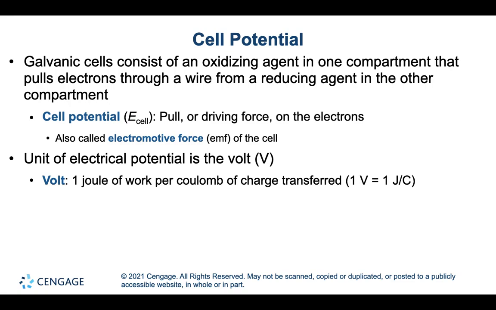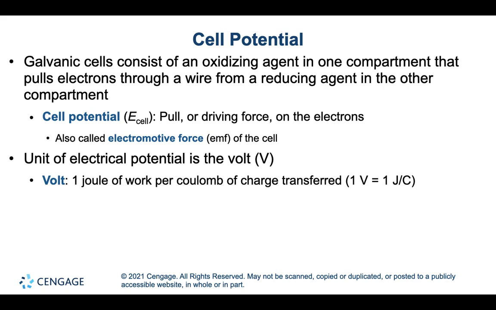Now, every combination of two half reactions, one half reaction where there's an oxidation taking place and the other half reaction where there's reduction taking place, every one of those is going to have an ability to move electrons. And in physics, you learn that electrons move due to electric potential.